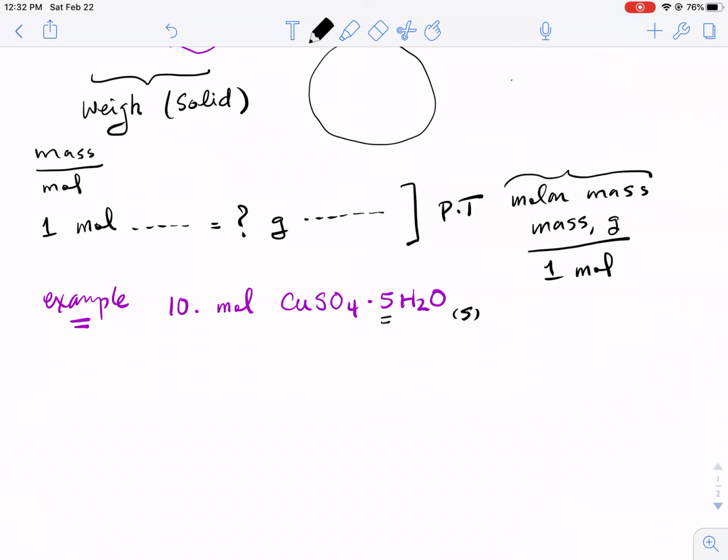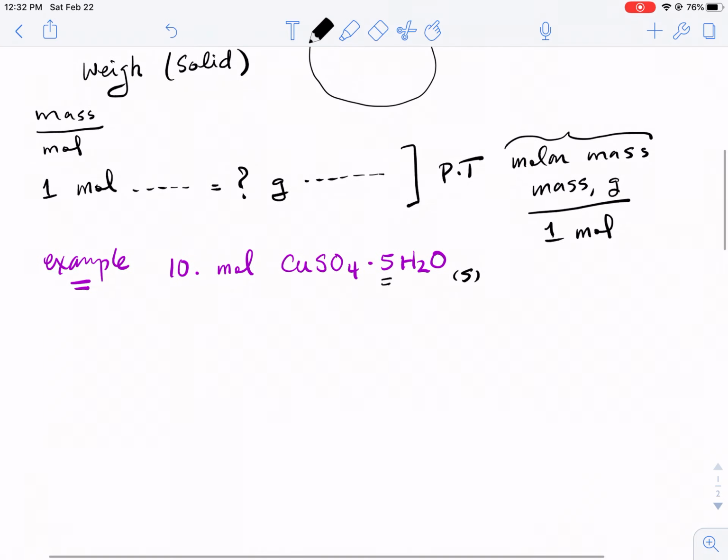Penta is 5 water. These water molecules are incorporated into the crystal structure of copper sulfate. So it's not a slushy copper sulfate sample, it's perfectly solid, and the water is in the solid state as well. And that's how the chemical comes.